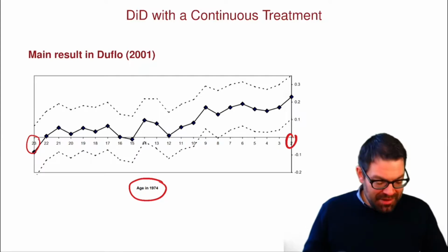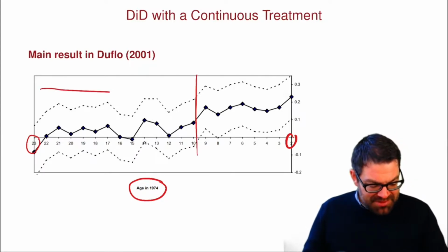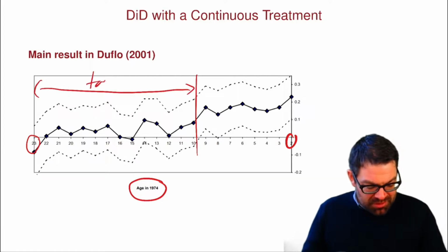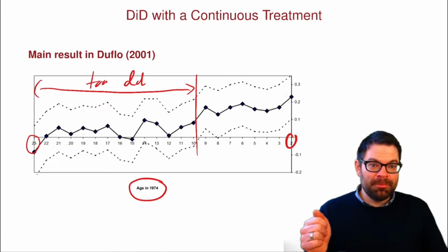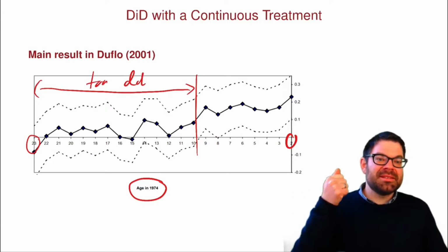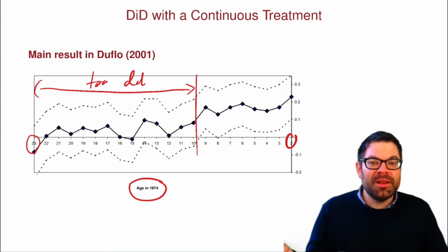And you can see here that for those people that were basically too old, there is no significant difference in schooling between those places that had lots of schools built and those places that did not have many schools built.